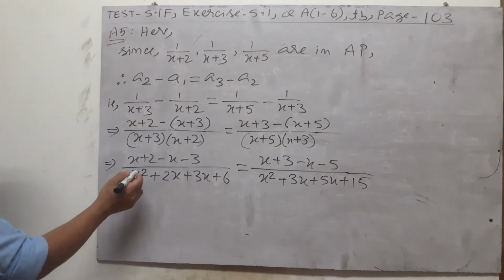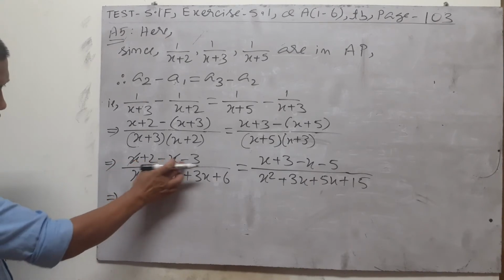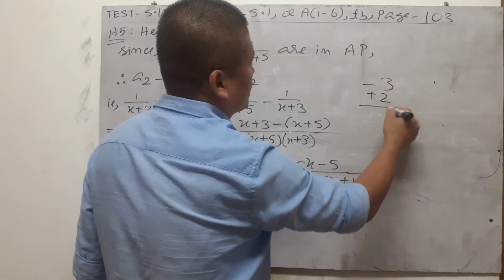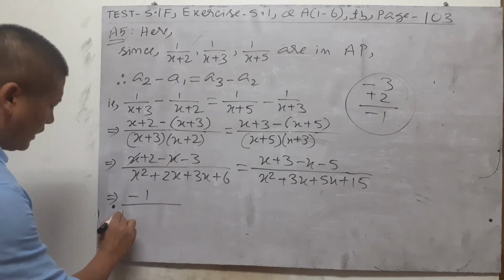Okay, now here minus x and plus x becomes 0, plus 2 minus 3 is minus 1, minus 3 plus 2 subtraction, and bigger one minus, so this is the one, minus 1 by x square.